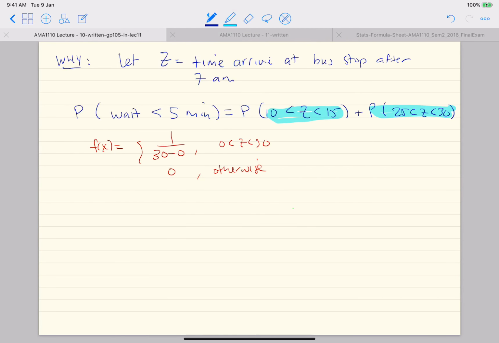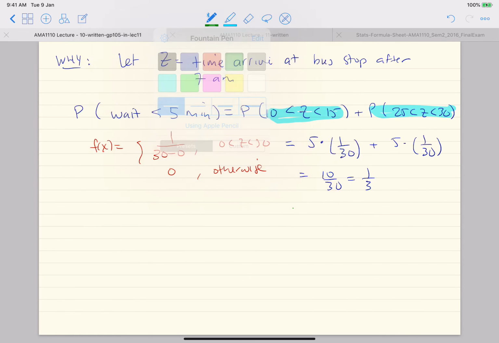So therefore, this is just equal to base times height, which is 1 over 30. Same thing here. This is base times height. So this is just 10 over 30, which is 1/3. So you have 1/3 probability of waiting less than 5 minutes for the bus.